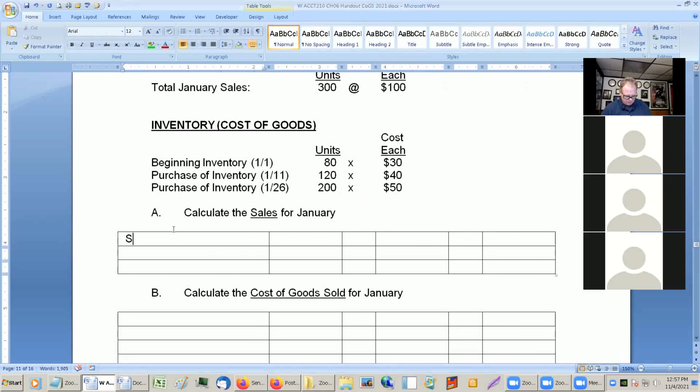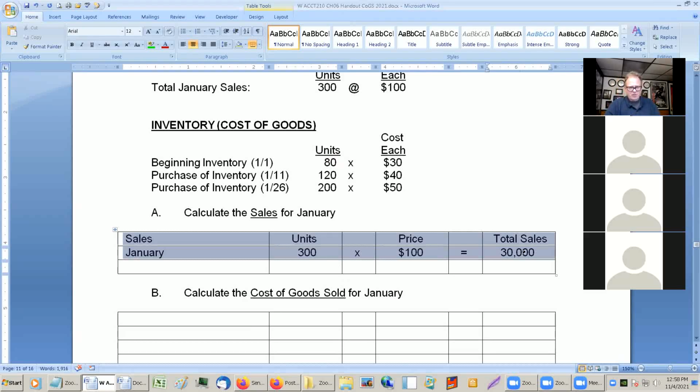I might as well do the sales. $30,000. Okay, so these are the sales.